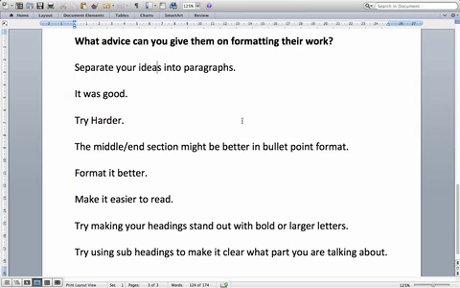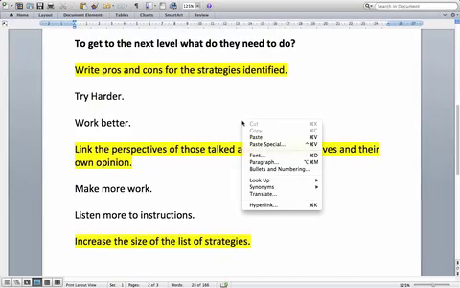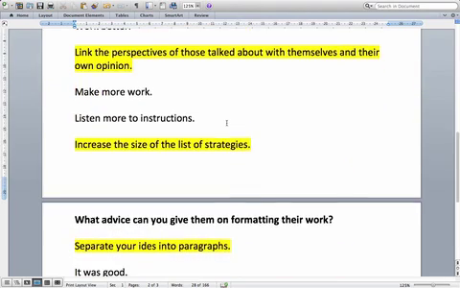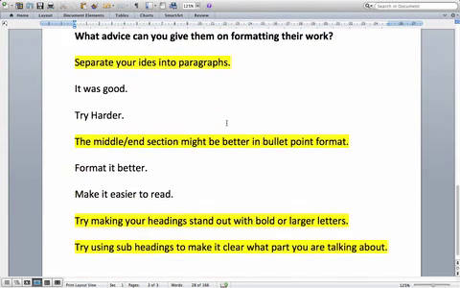Okay, you got your answers? Here we go. Here is the quality answers, the quality feedback for that section. That's what good formatting feedback looks like.